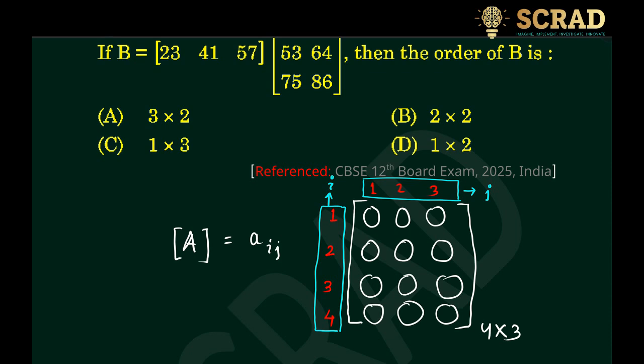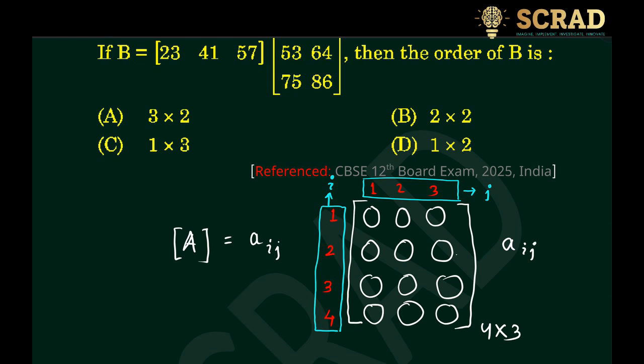If we just want to identify an element in this matrix, how can we do it? Suppose I just want to refer to this circle, this element. How can I write it in notation, like a_ij as I said?